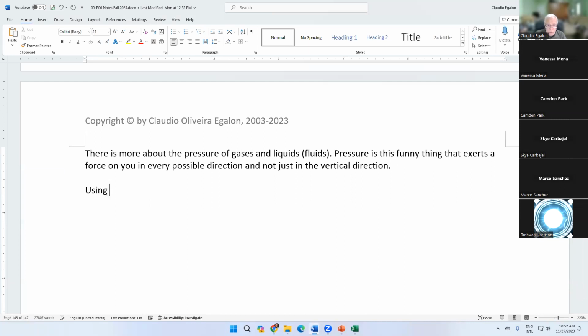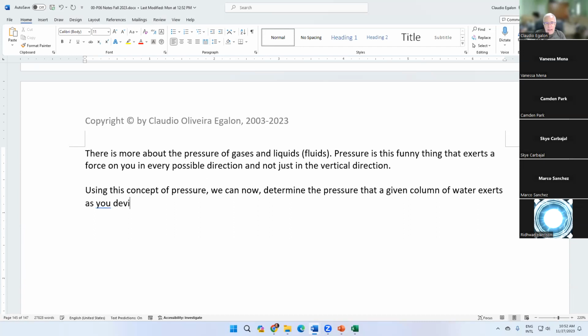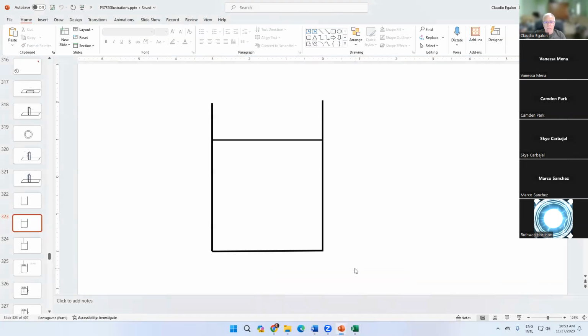Here you go. Using this concept of pressure, we can now determine the pressure that a given column of water exerts as you dive deeper and deeper underwater. Okay? That's why I'm illustrating this thing right here.